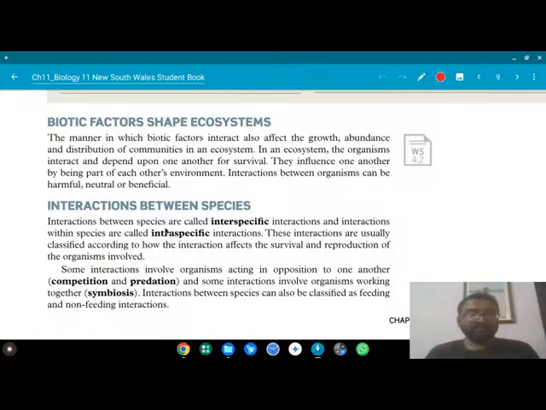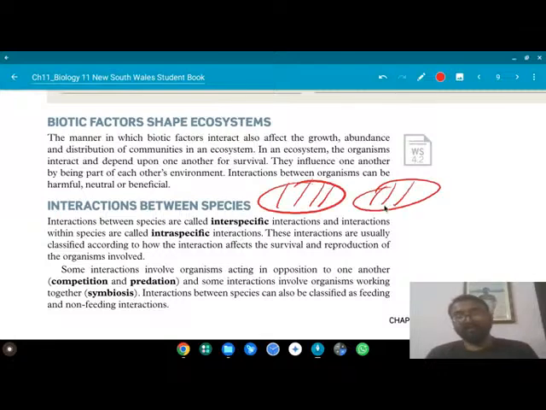Interactions between species are called interspecific interactions, and interactions within a species are called intraspecific interactions. So interspecific is between two different communities, and intraspecific is within a community.